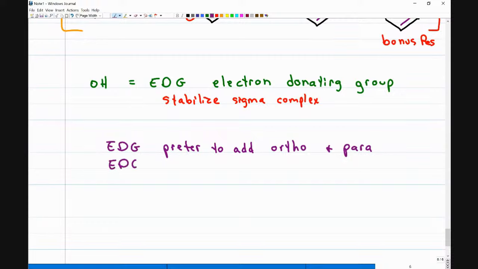And number 2, electron donating groups activate the ring for an EAS reaction. And if we activate the ring, that means it's going to be a faster reaction. The stronger the electron donating group, the more activated the ring, the faster the reaction.